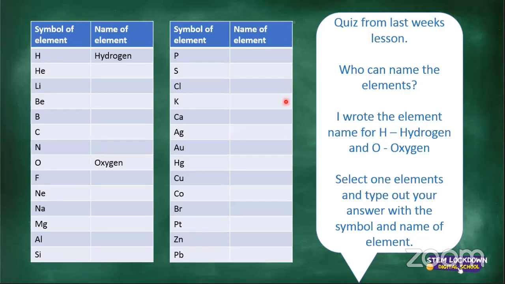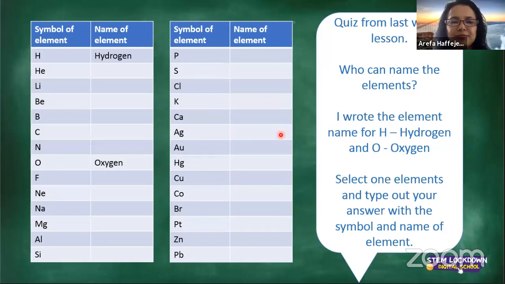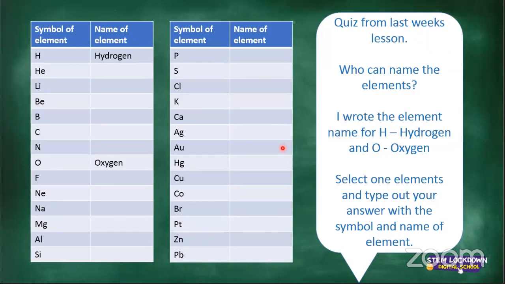K is for potassium. Ca is for calcium. Ag is for gold. No, silver. Ag is, yes, correct. Silver. Au is for gold. Yes. Hg is for mercury. Cu is for copper.